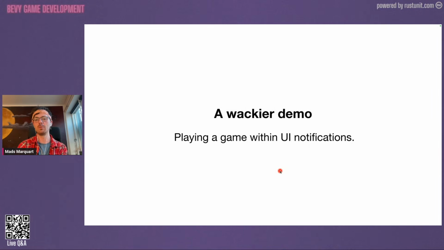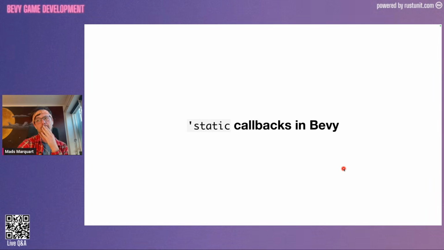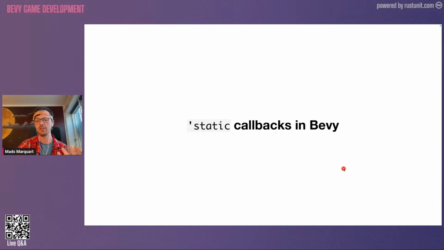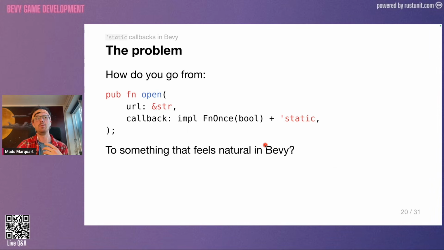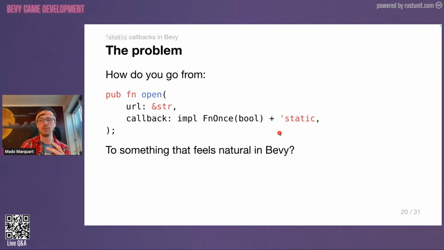Okay, so something that's specific to Bevy is how to do these tick static callbacks. So this is something that Objective-C does a lot. It's like you basically have a function where you have some closure that is going to be called at a later time.